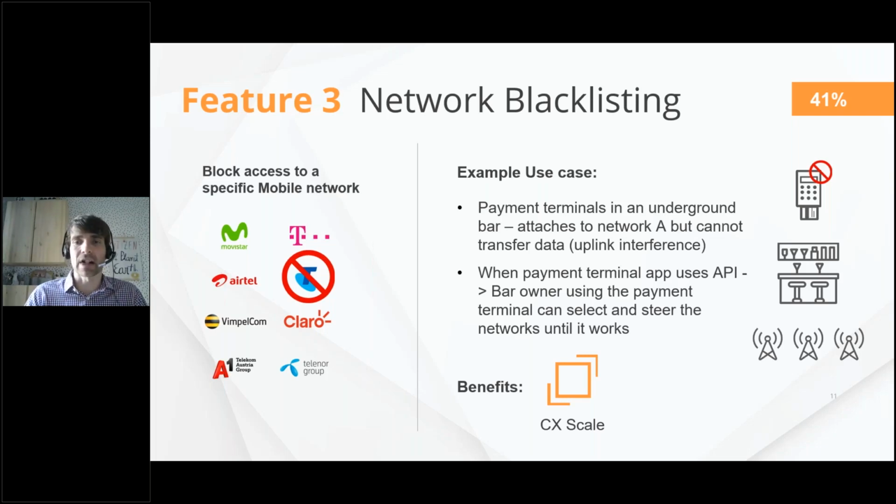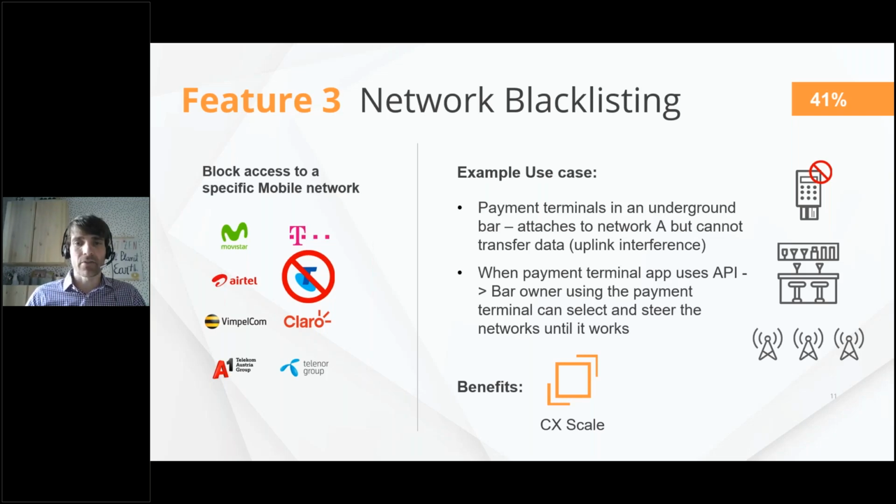Sometimes this happens because one network seems to be a little bit stronger in downlink, and that's why the device takes up this network, but there's uplink interference, which prevents it from really sending data.